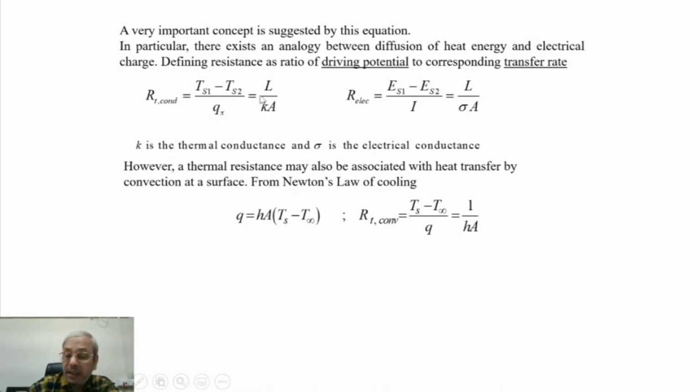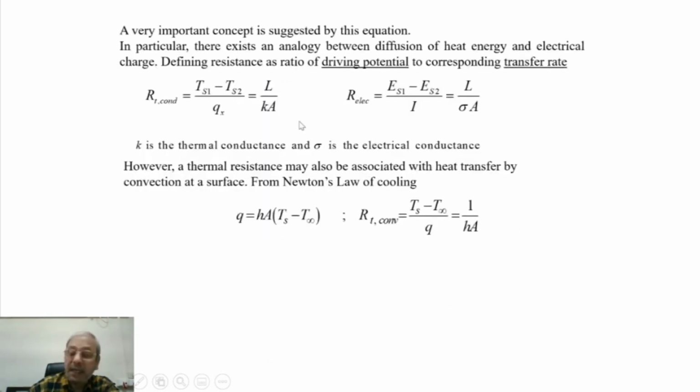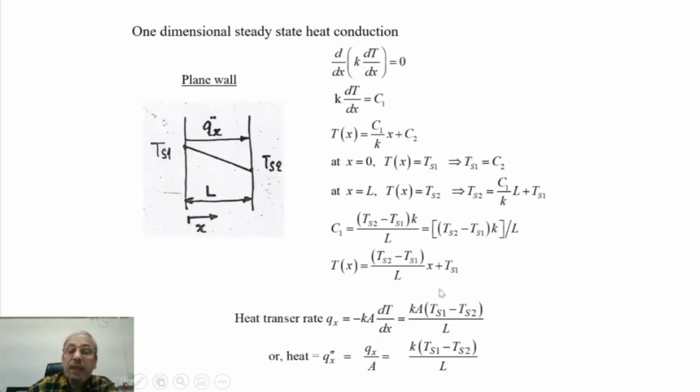So (Ts1 minus Ts2) by qx, the heat transfer rate, will be given by L by kA. We transfer L to the left hand side, kA to the left hand side. This becomes L by kA.